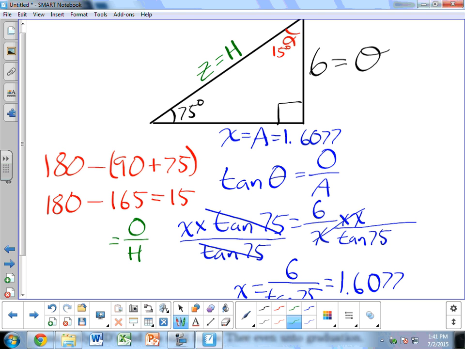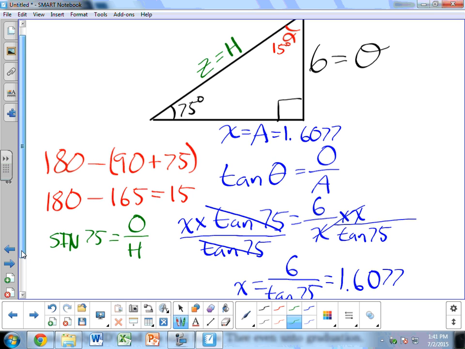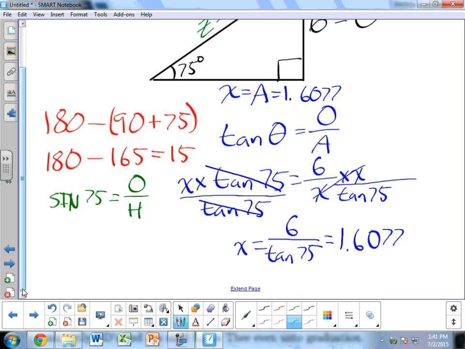Well, since we're dealing with the opposite and the hypotenuse, we are going to use the sine. So the sine of this 75 degrees equals the opposite over the hypotenuse. And I put 75 instead of theta because we already know that is our reference angle. So in this case, this will be the sine of 75 equals the opposite side, which is 6, divided by the hypotenuse, which is z. And this is a fancy O, not a 0.